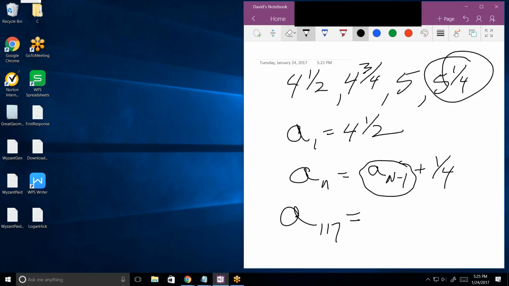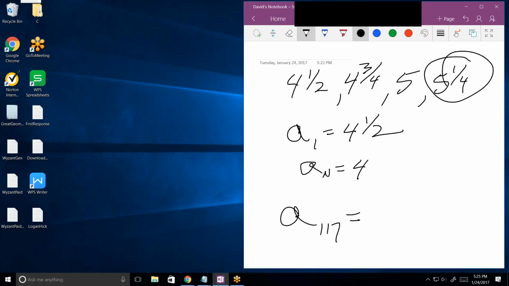Instead of the recursive, I'm going to give you the explicit, and what that says is a sub n equals the first term plus n minus 1 times the common difference, which is 1/4.